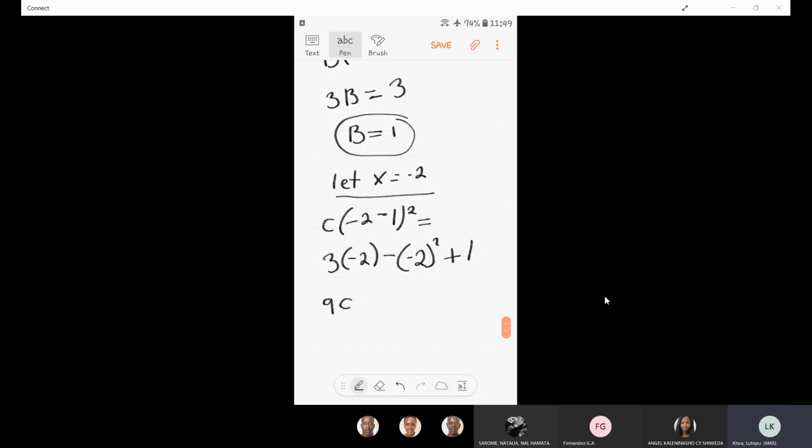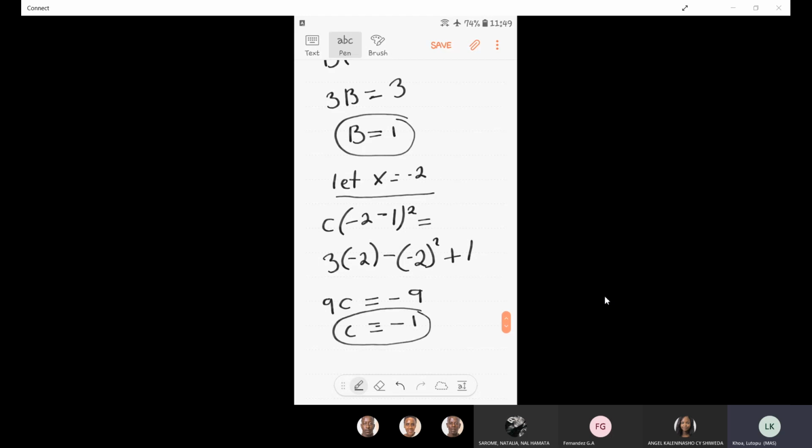So I have 9C. And then on the right hand side, I have 3 times minus 2, that's minus 6, minus 6 minus 4 plus 1. That should be equal to negative 9. Then you divide by 9 on both sides, you get C is equal to minus 1.